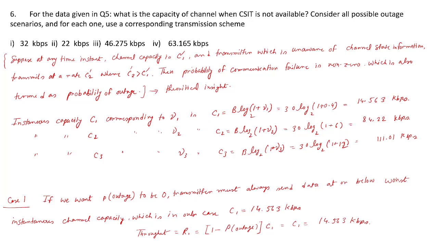With probability 0.25, or 25% of the time, the channel will experience an SNR of 14, and communication failure will happen because you are transmitting at or below 84.22, which is above 14. But you say that I am okay with that, I will tolerate a probability of outage of 0.25.